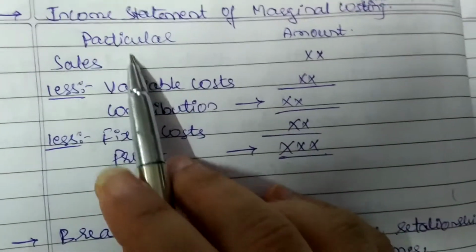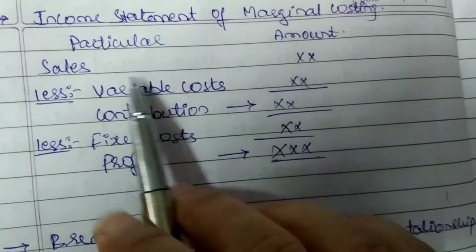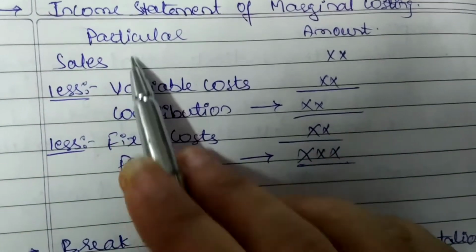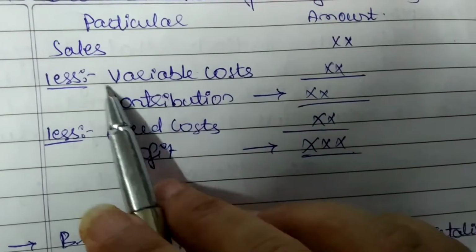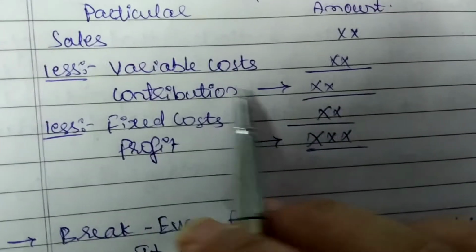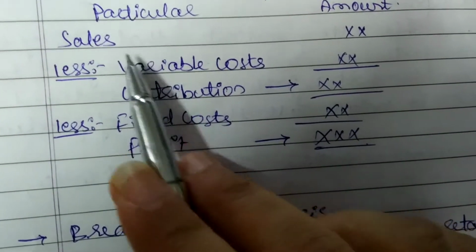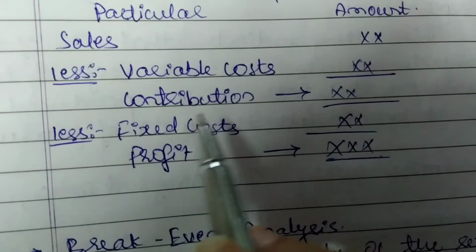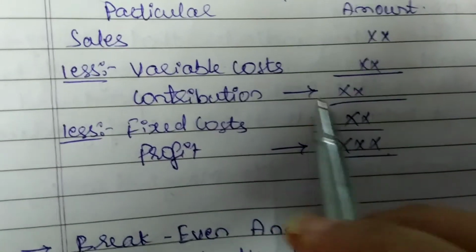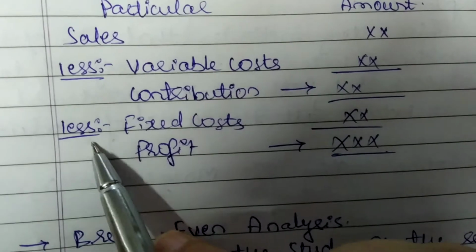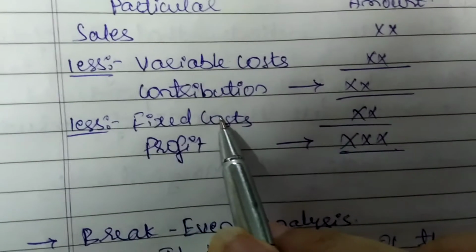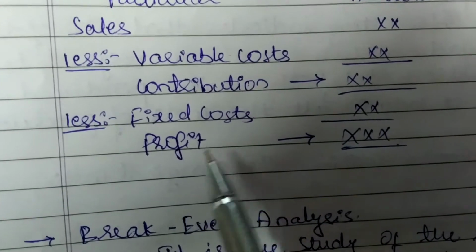Okay, now we'll go for the income statement of marginal costing. This is the statement: sales less variable cost gives contribution. The ultimate formula is S minus V, sales minus variable cost. Then the contribution amount is subtracted by the fixed cost, which will be our profit.